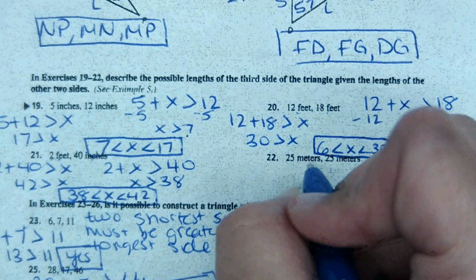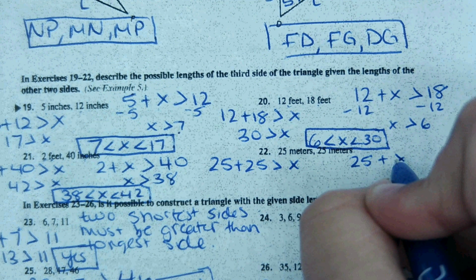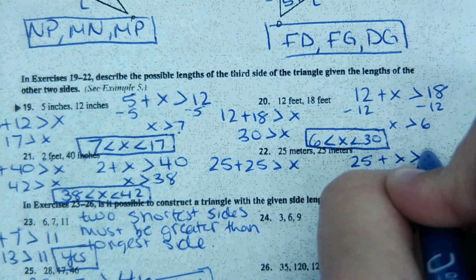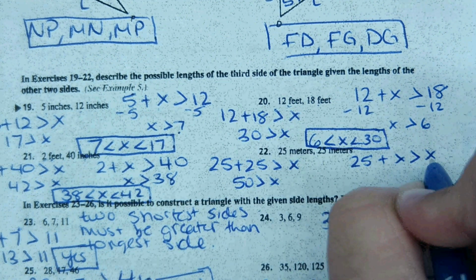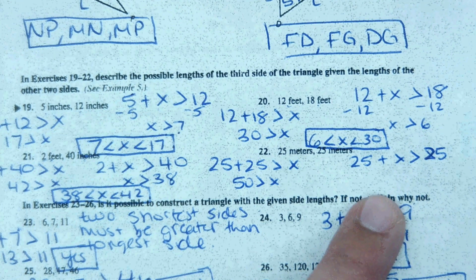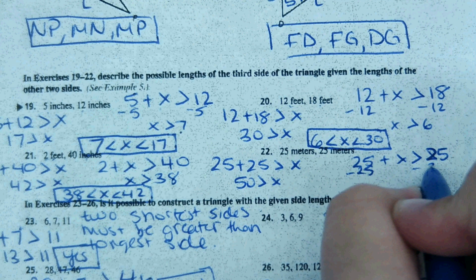Repeating that same process, 25 plus 25 greater than x, and then 25 plus x greater than 2. Then subtract.